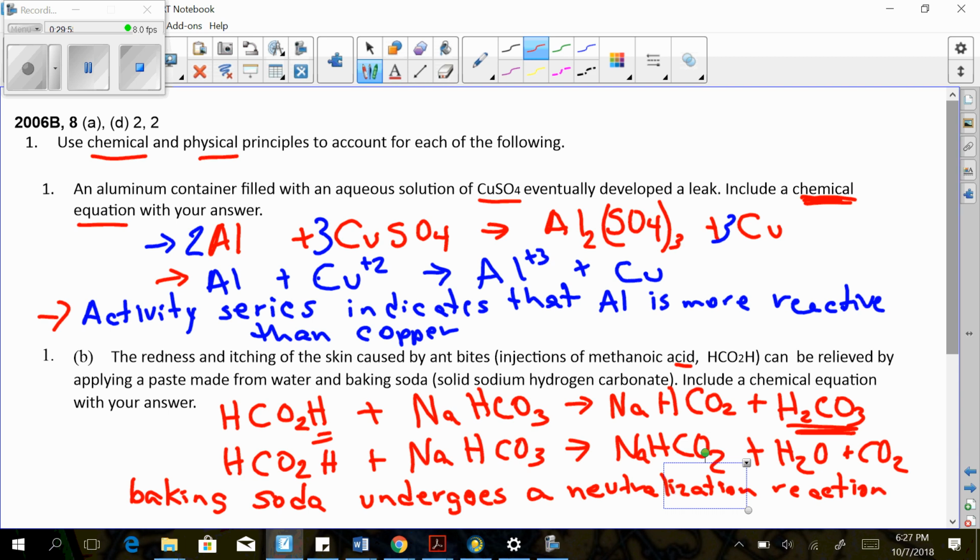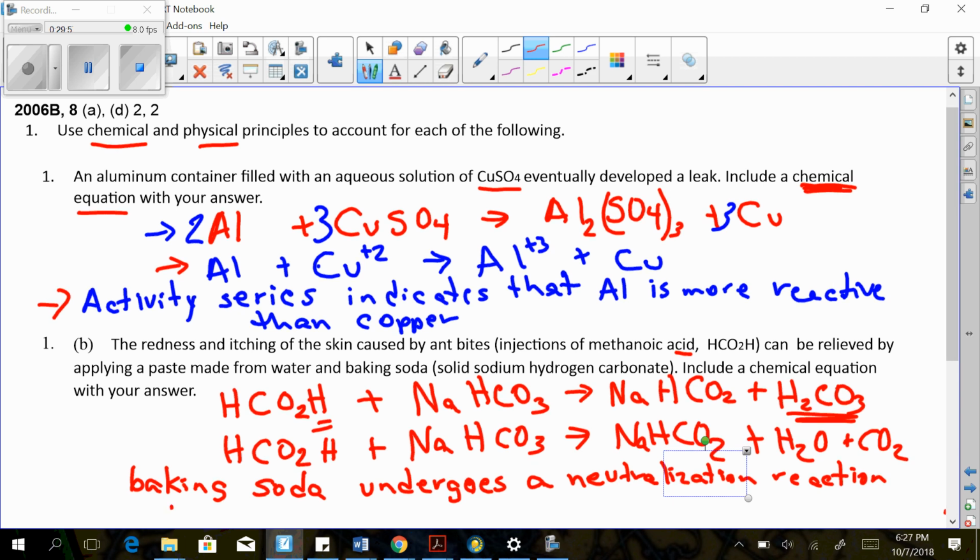So it undergoes a neutralization reaction with the methanoic acid, our HCO2H.